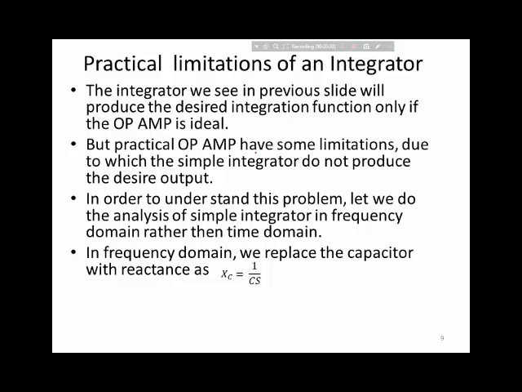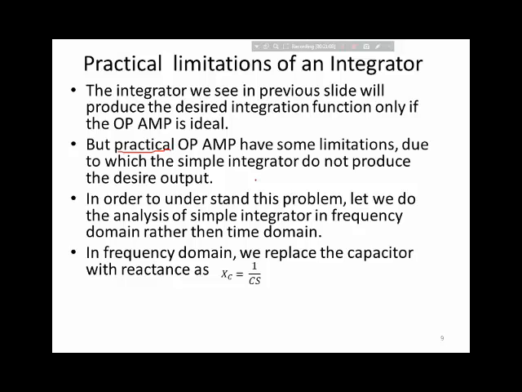Because of the DC offset parameters, the error voltage and current, the output would not be the integral of the input if we use the circuit as is.